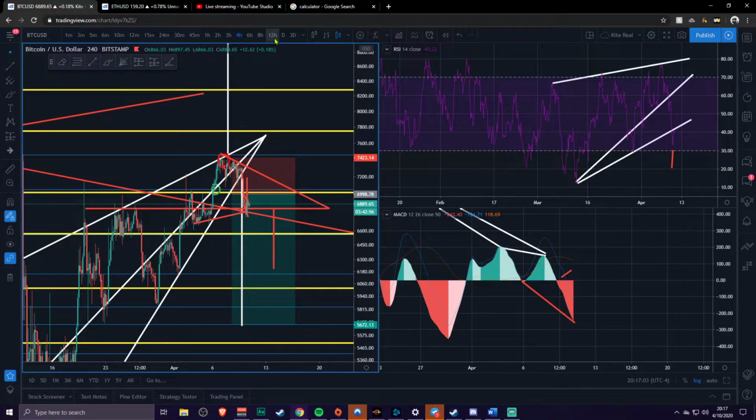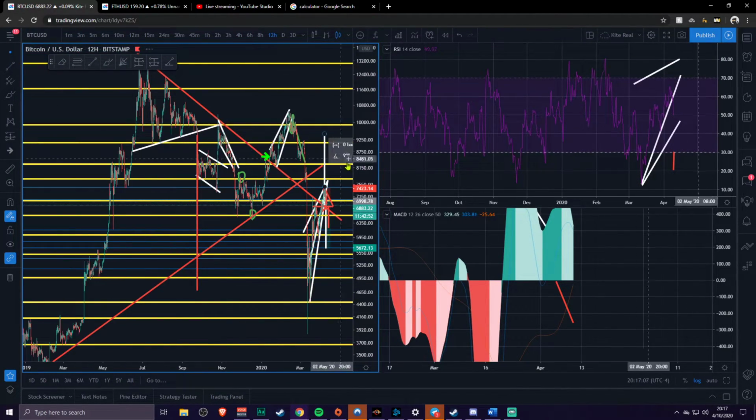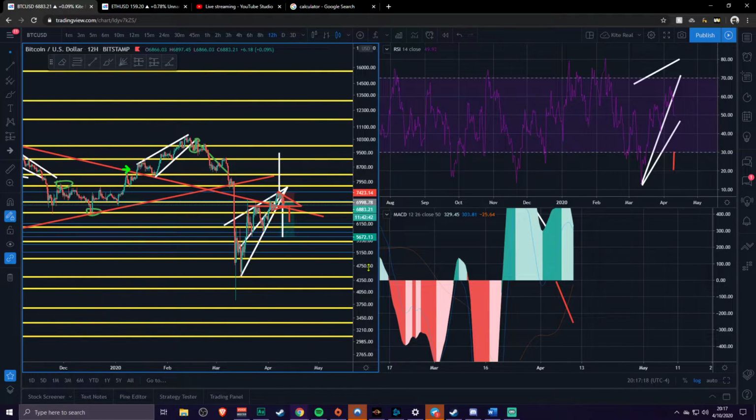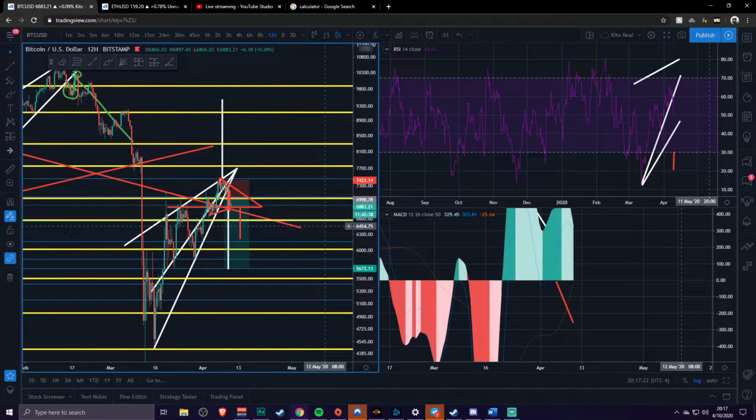The reason is we have broken out of a very strong resistance. This diagonal resistance that has been holding us down for almost the last year has been broken and we have not gone below it yet. So until that point, I still need to have a backup plan for if this thing decides to find support, bounce and continue on upwards.